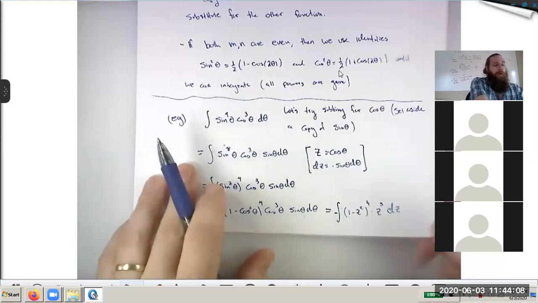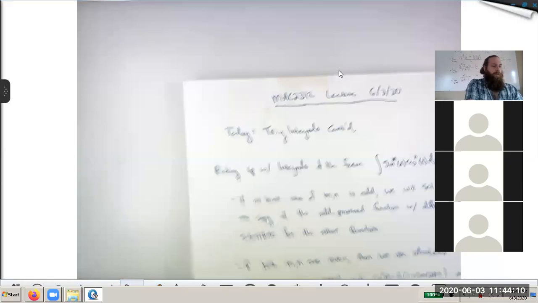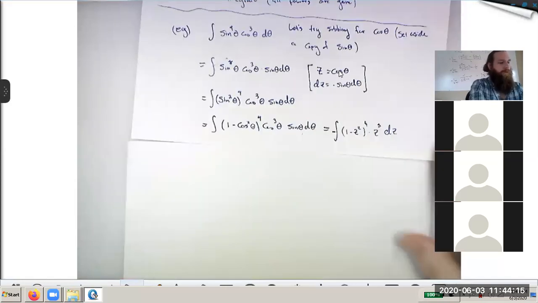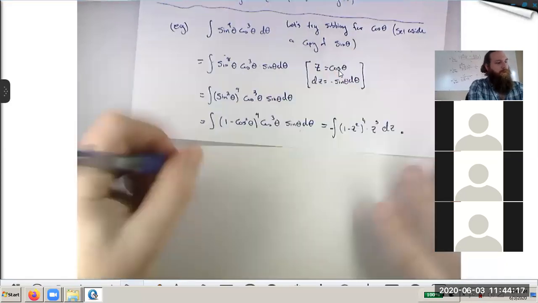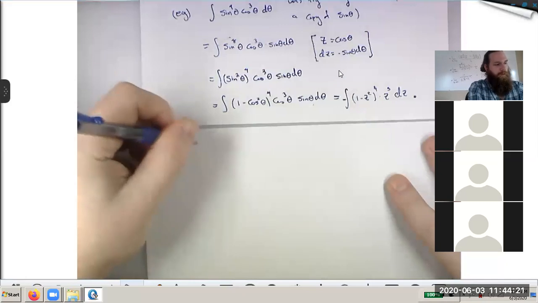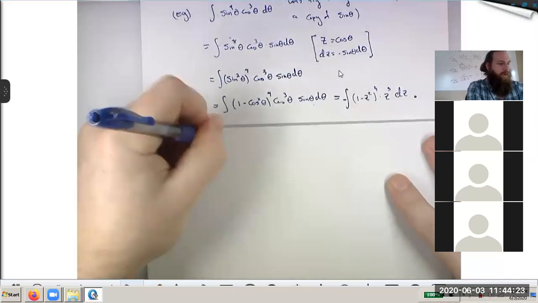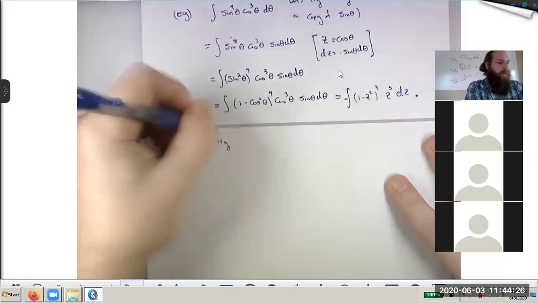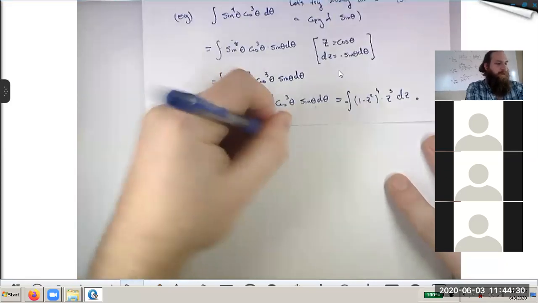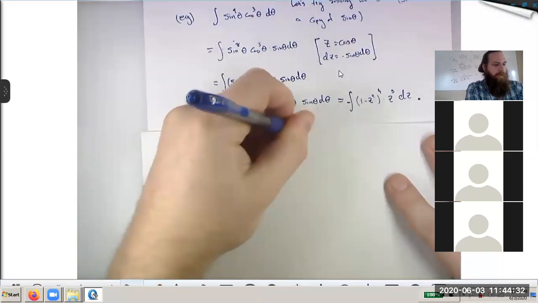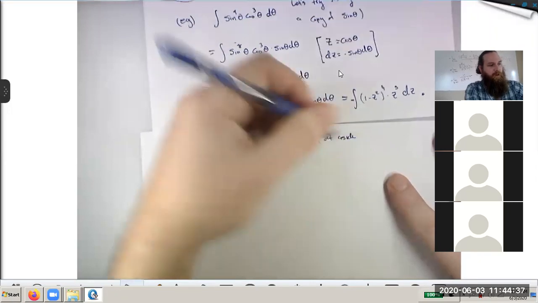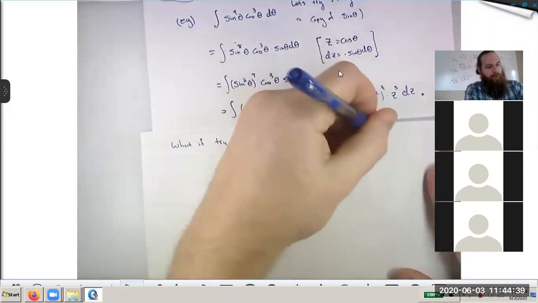I'm going to stop here and see what happens if we do it the other way. What if we try subbing for sine theta, i.e. we're going to set aside a copy of cosine.